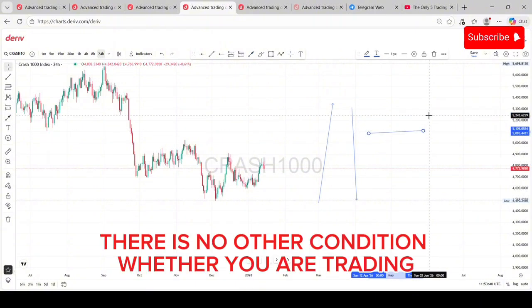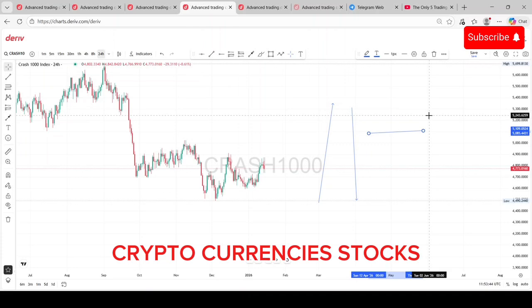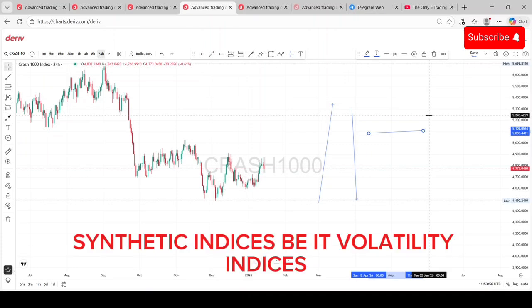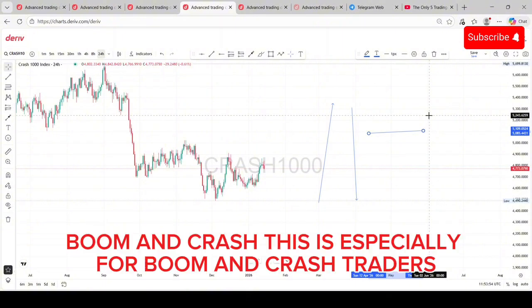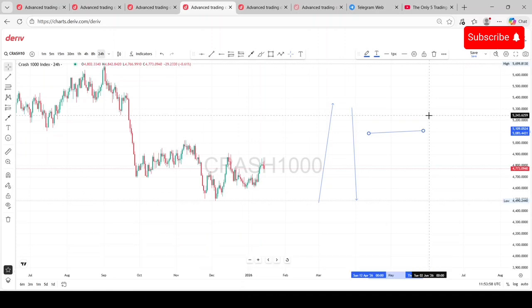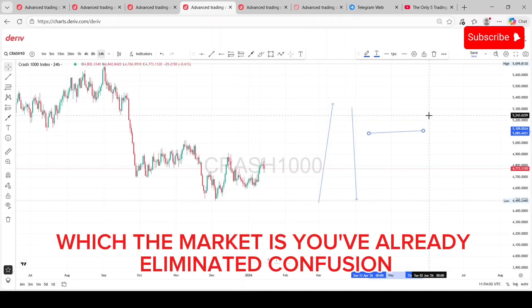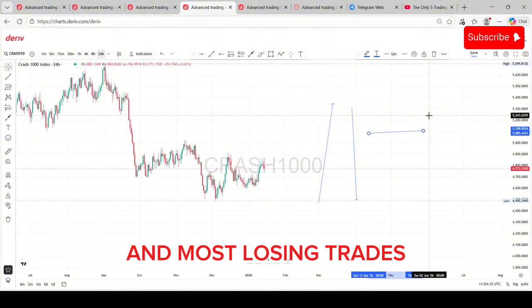There is no other condition, whether you are trading cryptocurrencies, stocks, forex, synthetic indices, be it volatility indices, boom and crash. This is especially for boom and crash traders. Once you are able to identify the state the market is in, you've already eliminated confusion and most losing trades.